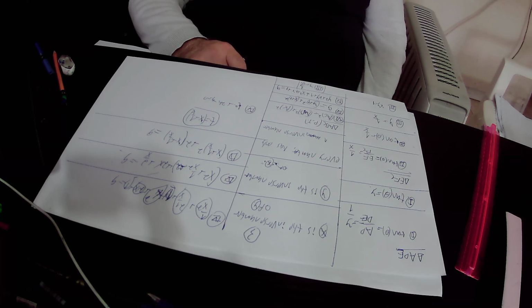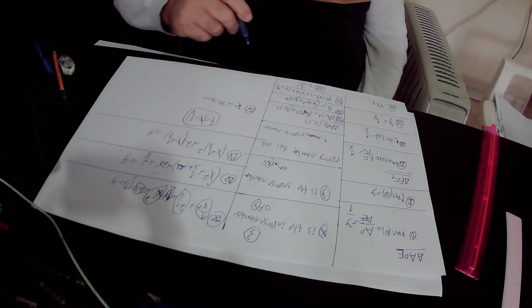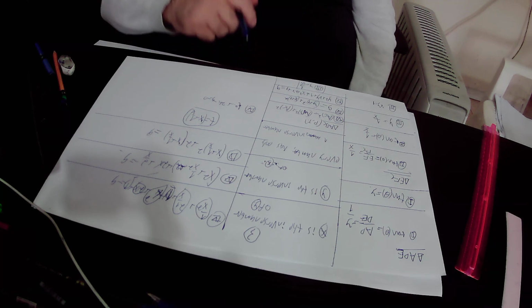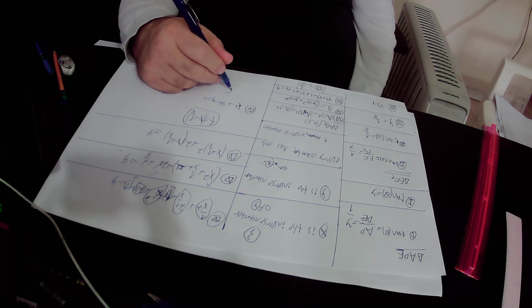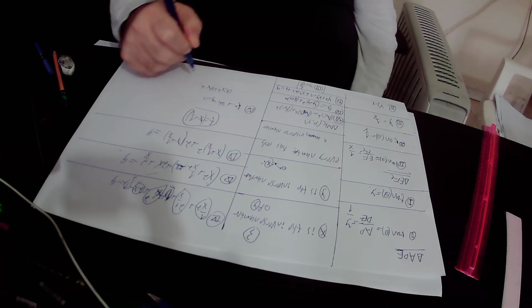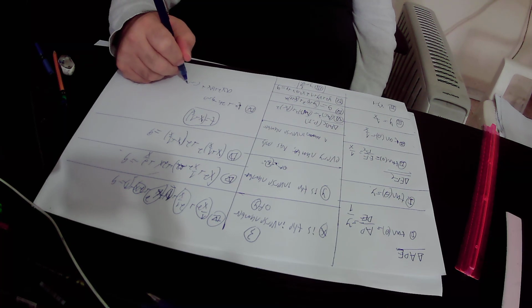So here we have a quadratic equation, and the general formula for a quadratic equation is ax squared plus bx plus c equals 0.